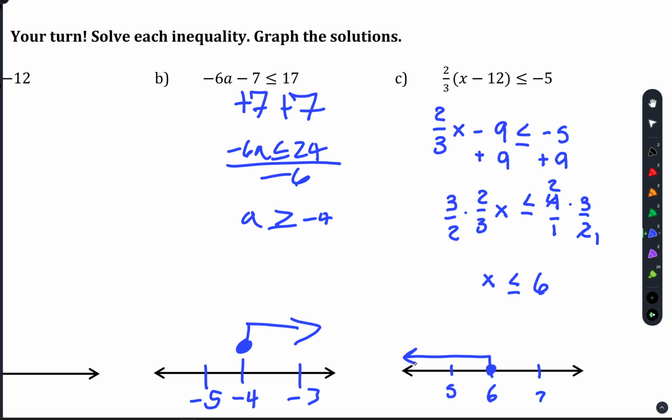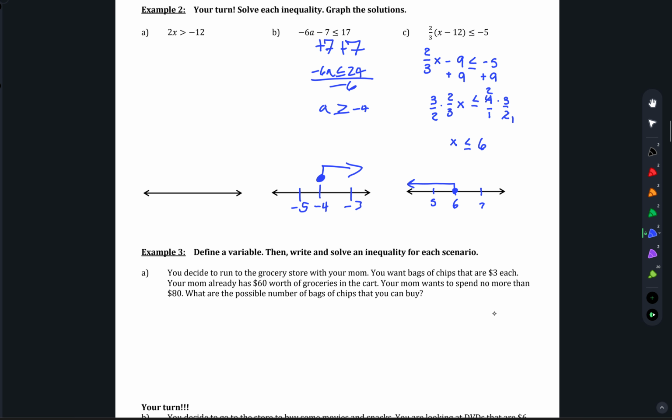Perfect. All right, any questions on these? I'm going to walk us through one word problem, and then I will let you go. Okay? All right. Should it be 8?